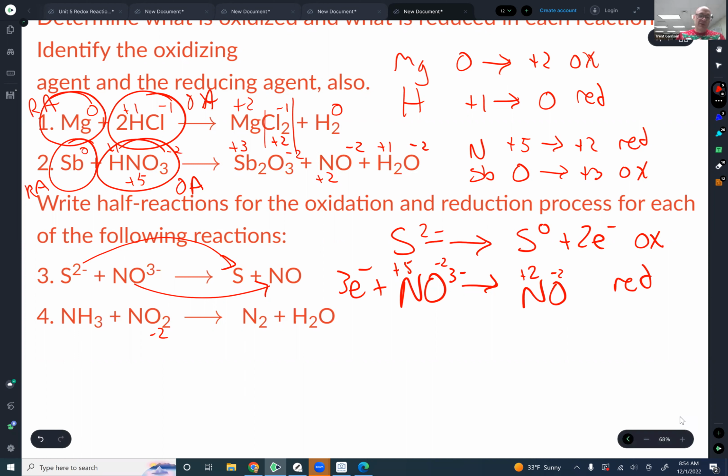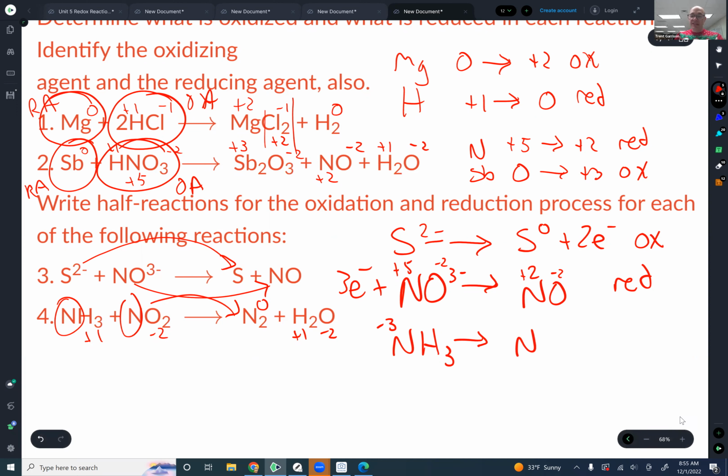Okay, so now let's jump down here to the bottom and let's notice the oxygens, they're not changing their charge, neither are the hydrogens. So what's changing are these nitrogens. They're both converting into the same nitrogen, which has a charge of 0. So I have one of these half reactions, NH3, its charge is going to be -3, and it's going to turn into the nitrogen.